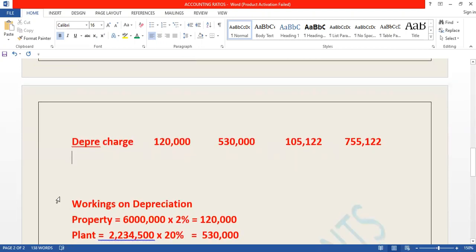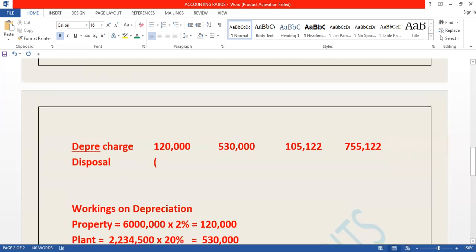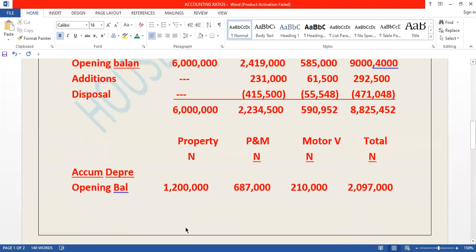So the next thing is disposal. We are going to remove disposal from there. So what are the accumulated amounts that have been disposed of from the question? Do we have any disposed of under property?